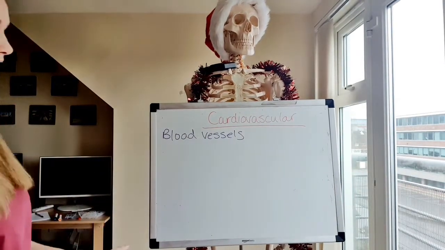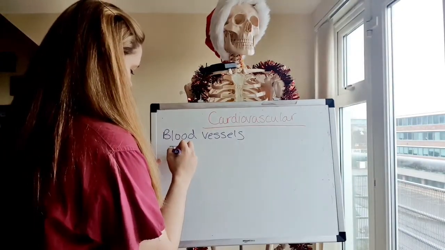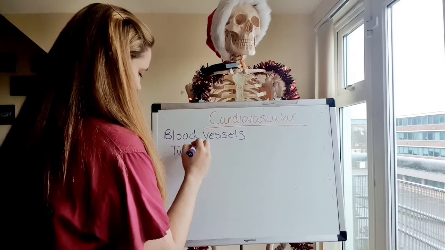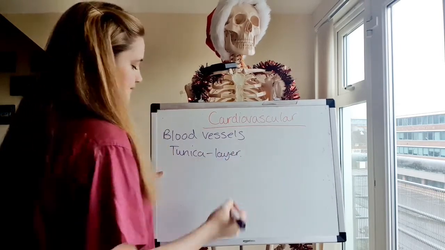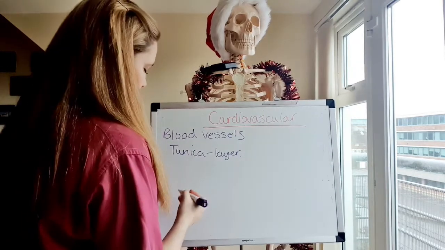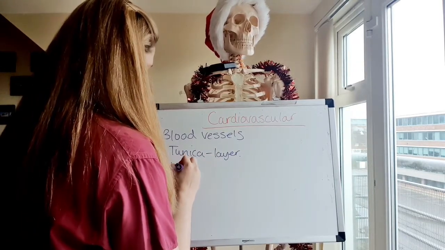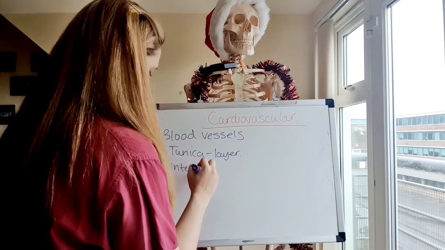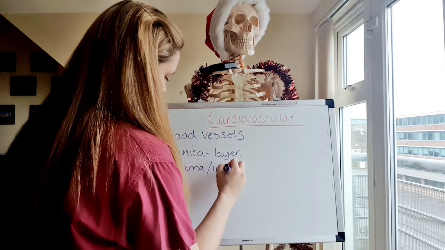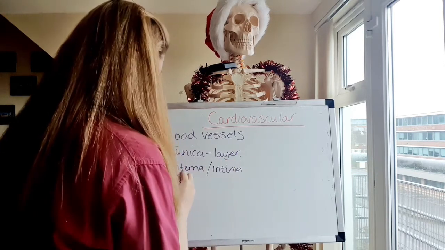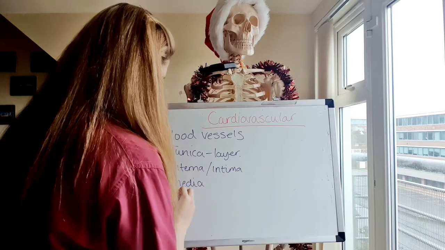Now arteries and veins have three main layers. Another word for layers, that they like you to use, is tunica. Okay, tunica means layer. Now the three layers that we've got are the tunica interna, also known as intima, the media, and the externa.